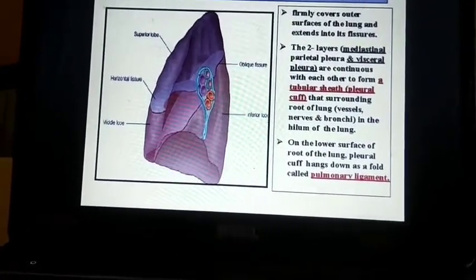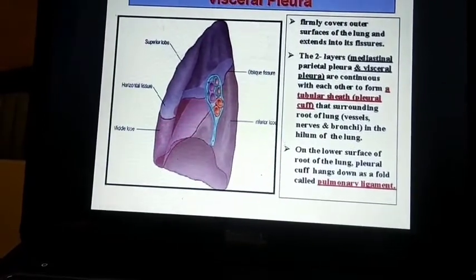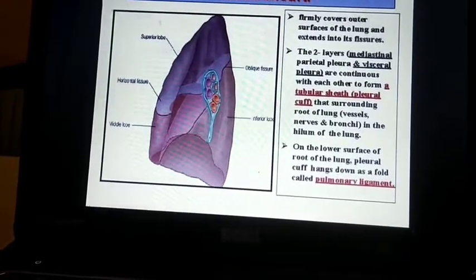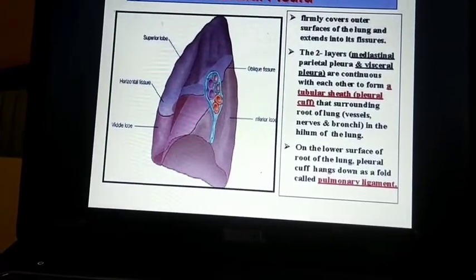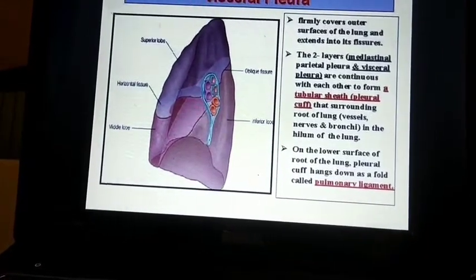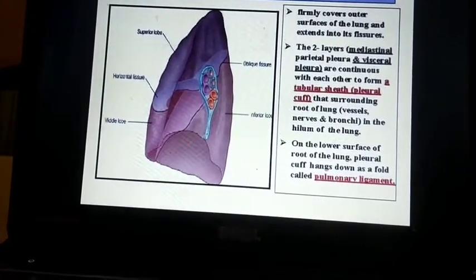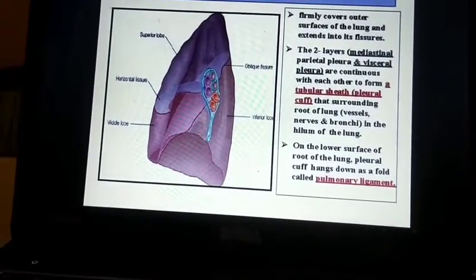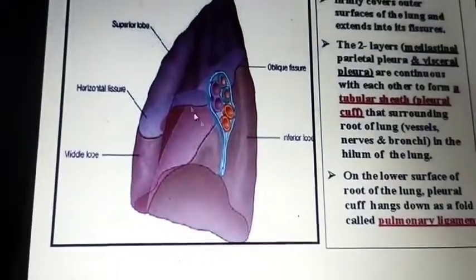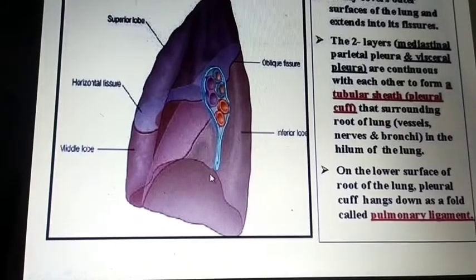The two layers, the mediastinal parietal pleura and the visceral pleura, are continuous with each other to form a tubular sheath or pleural cuff that surrounds the root of the lung. The root of the lung contains vessels, nerves and bronchi in the hilum of the lung. This part is the cuff, the root of the cuff or pleural cuff.